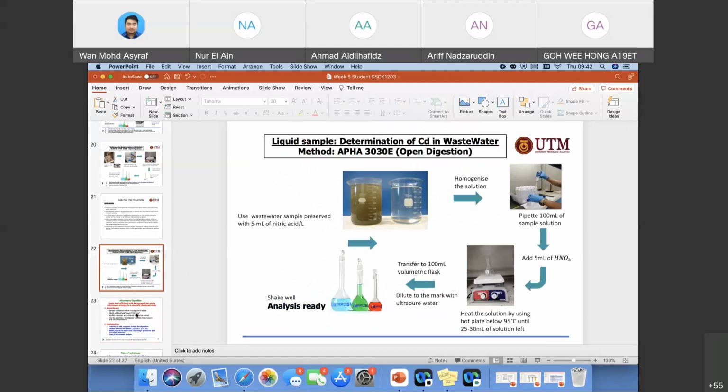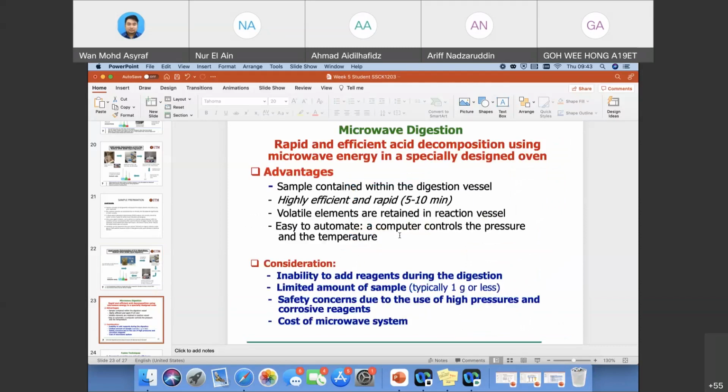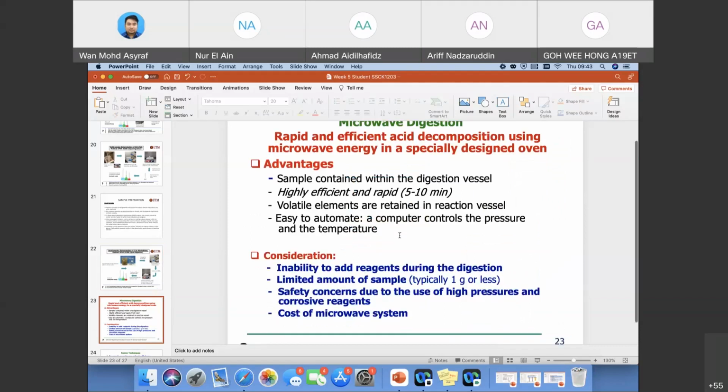If it is bubbling very rapidly, then you need to consider lowering the temperature. You need to use a thermometer inside the solution to see whether it has reached more than 95 Celsius. But for microwave, we don't need to do that because it is controlled by the computer.